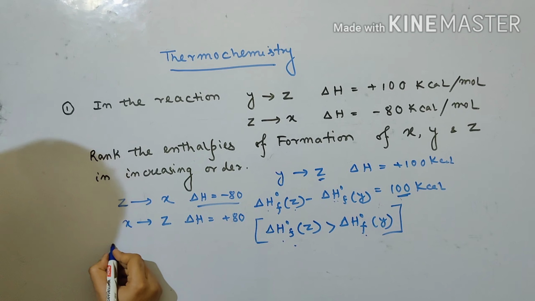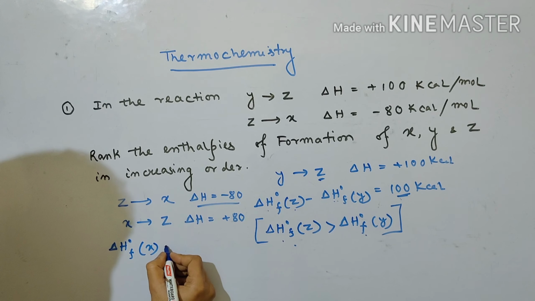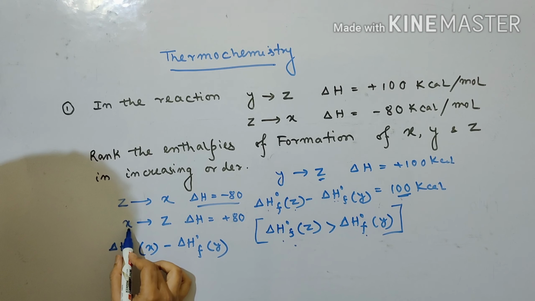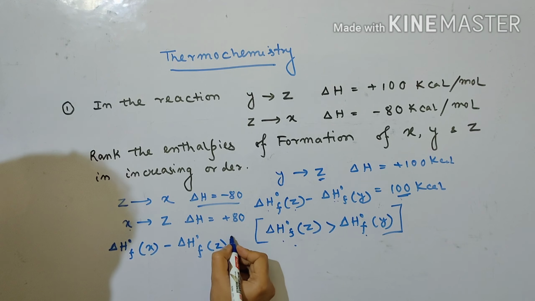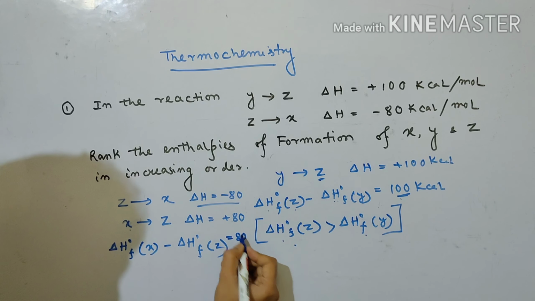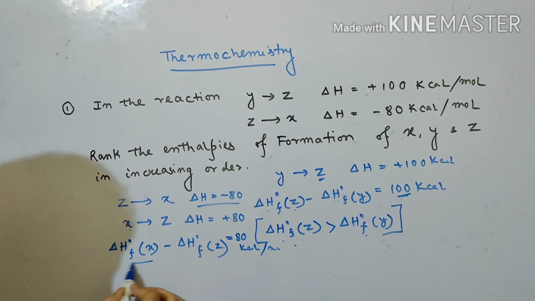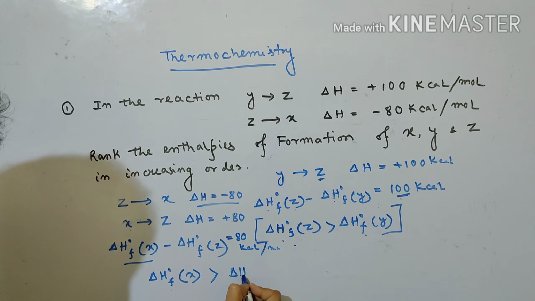So according to this logic, delta H of formation of X minus delta H of formation of Z should be 80 kilocalorie per mole. So obviously this one is greater. So delta H of formation of X is greater than delta H of formation of Z.